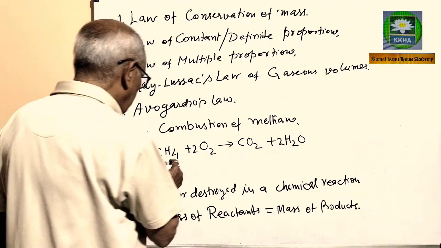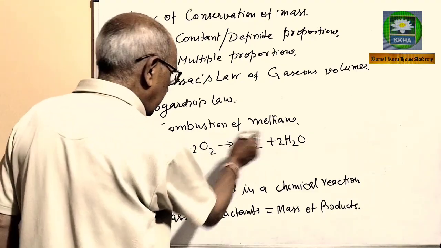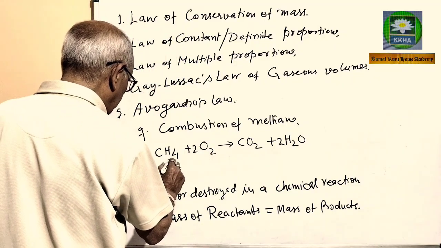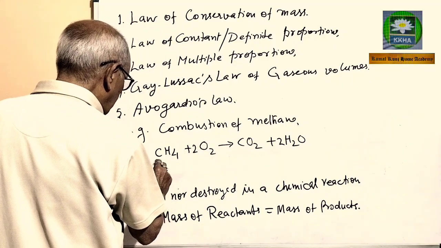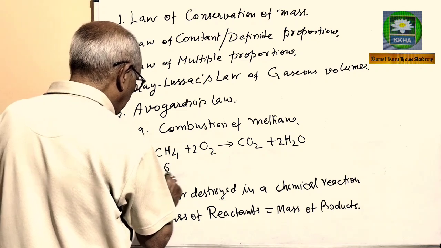So here the reactants are methane and oxygen, and the products are carbon dioxide and water. Methane is 12 plus 4, it is 16 gram.